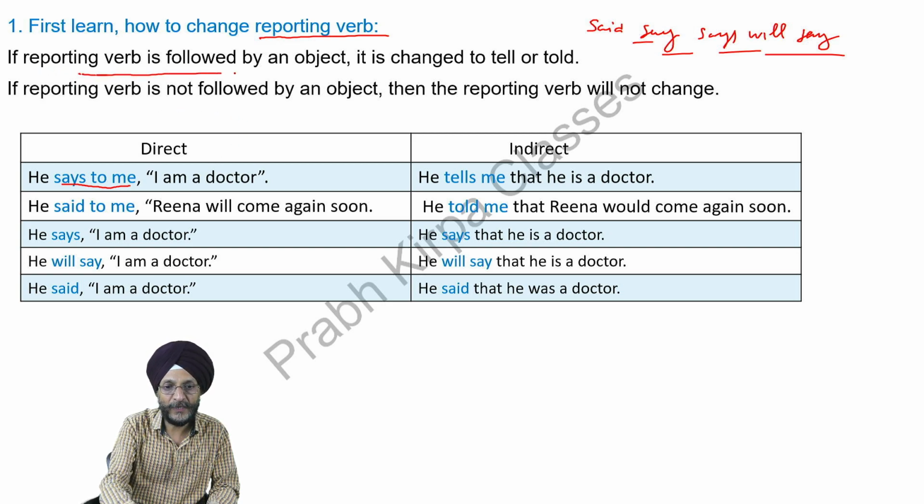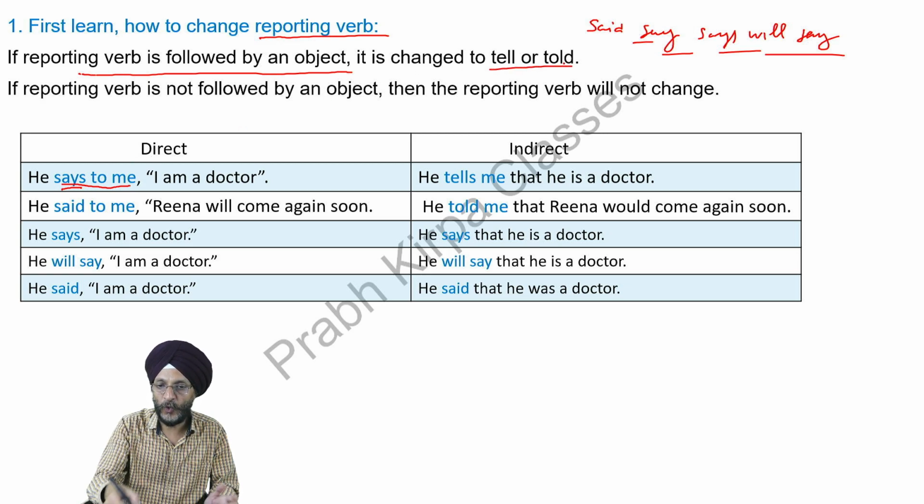If the reporting verb is followed by an object, this is the object: me, he, she, her, him. These are the objects. If the reporting verb, here the reporting verb is says, is followed by an object, then it is changed. Then this reporting verb is changed to tell, tells, or told, as the case may be.